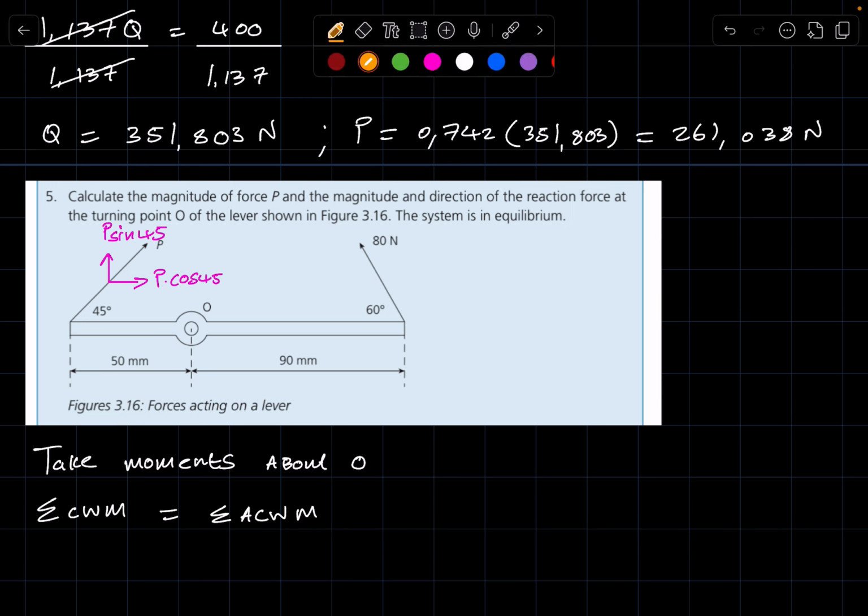And then here you'll have this component and this component. The vertical component of the 80 newtons is positive because it's headed north, so positive 80 sine 60. The horizontal component is headed west, so it becomes negative 80 cos 60. The same applies here.